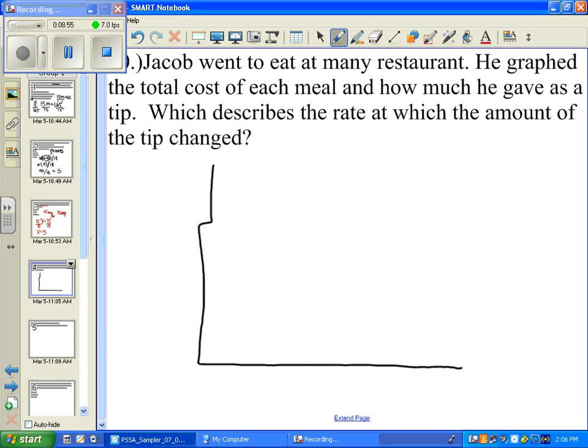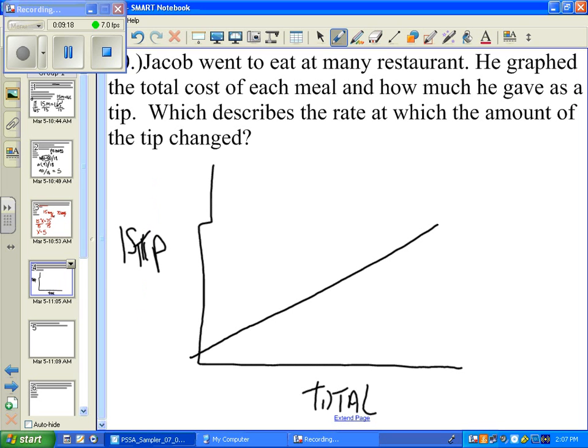And what you have is the amount of the tip, and this is the total check. And if you look, you have a linear relationship. It was a straight line which goes up like this. And we'll just take a couple of points here.